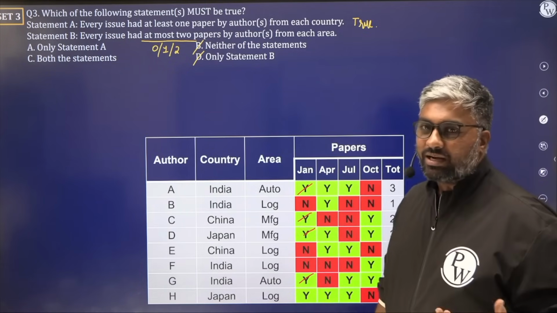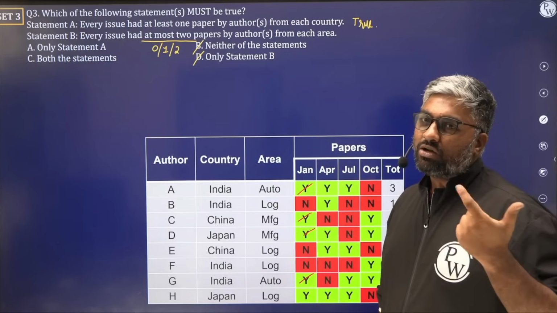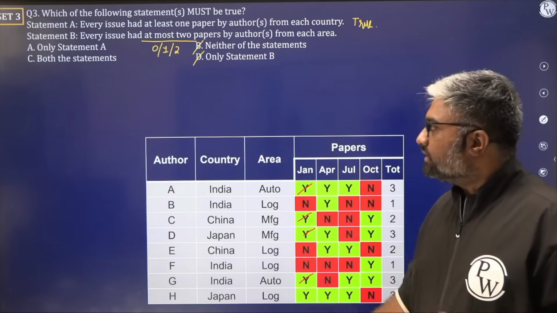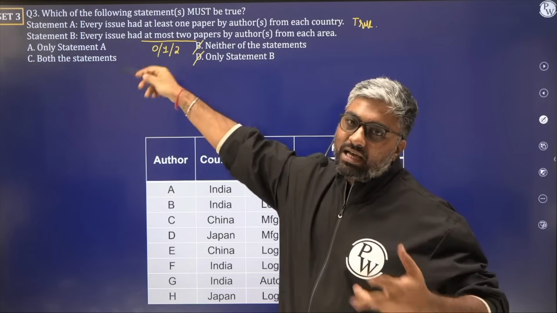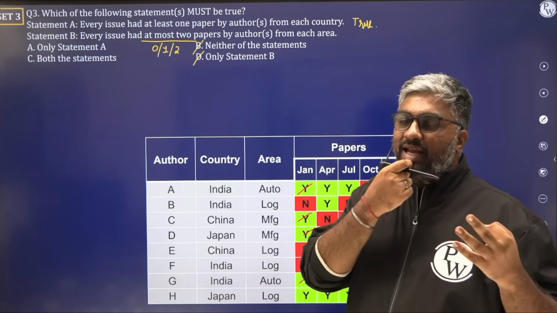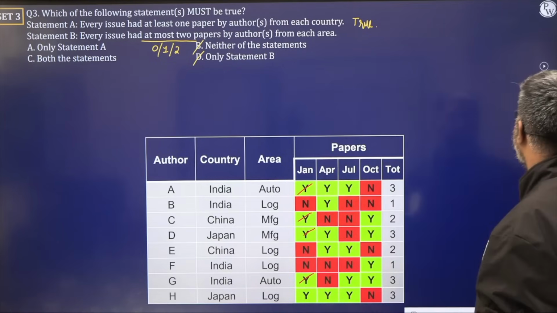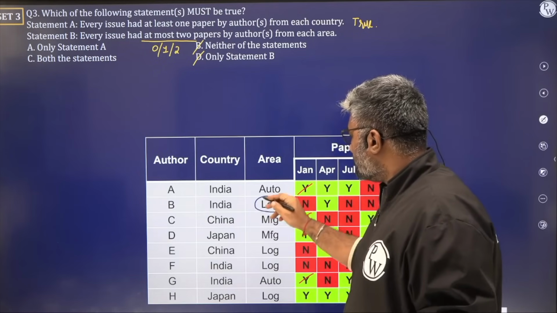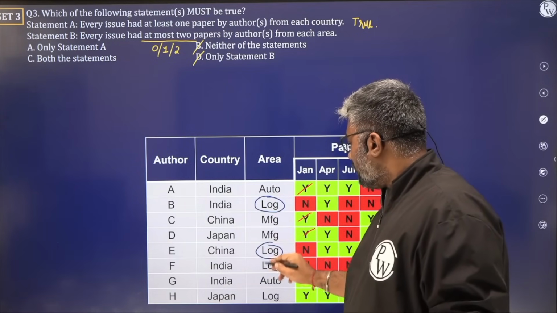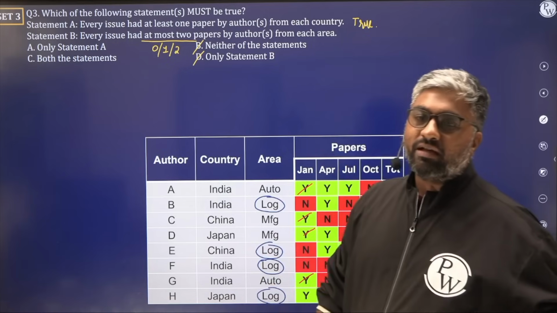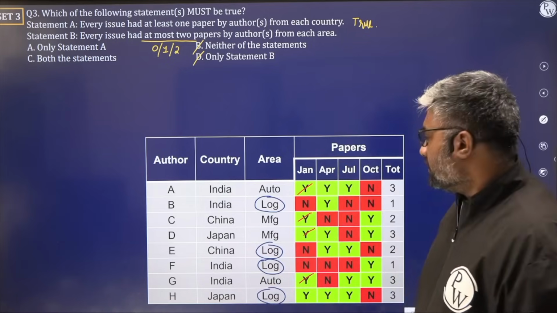So I think you understand now that looking at automation and manufacturing makes no sense, because there are only 2. So 2 or 1 or 0 are the only possibilities. If we want to bring 3 papers in an issue, we need to focus at logistics, right? Because in logistics there are 4 authors in the logistics area, which means this could be the only way where we can get more than 2.